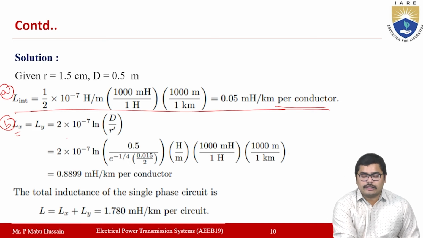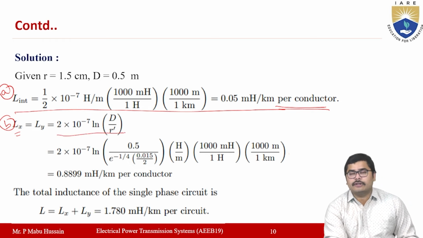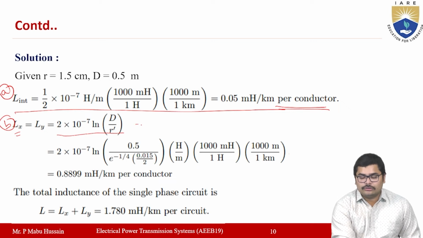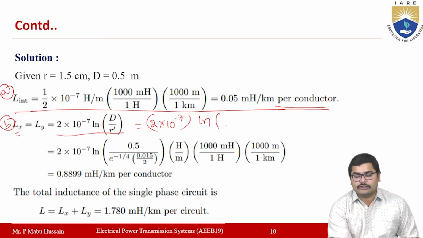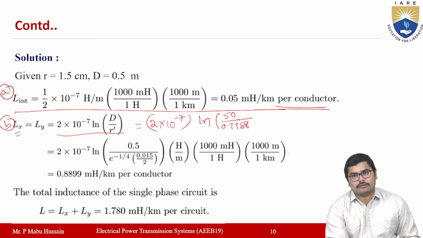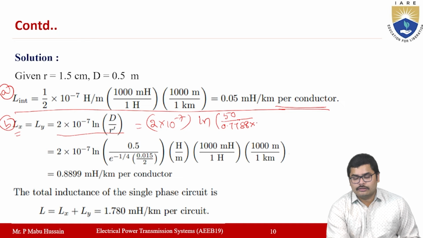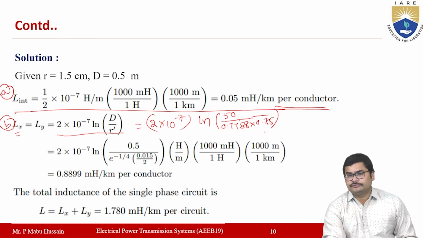The formula for calculating the inductance is 2 into 10 power minus 7 ln capital D by R dash. Now here you substitute the values: 2 into 10 power minus 7 ln, capital D is 50 centimeters, and R dash is nothing but 0.7788 times R, where R here is 0.75 centimeter.